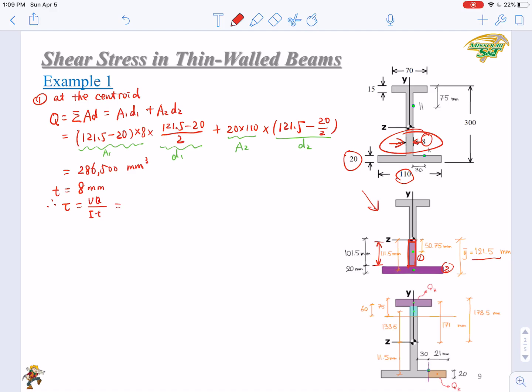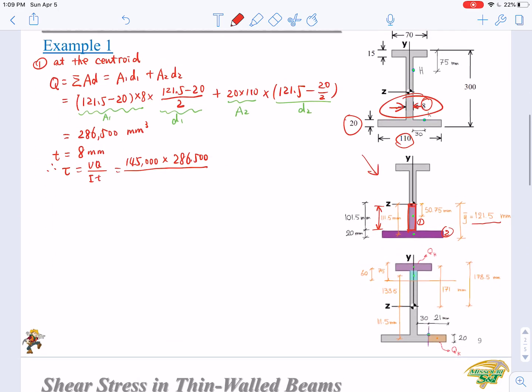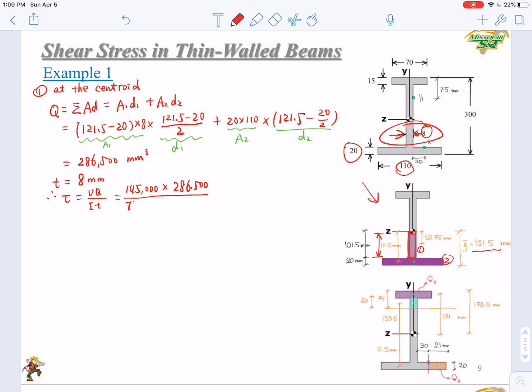V is 145 kilonewton, times 286,500, over the I we determined, 72.6 million, times 8.